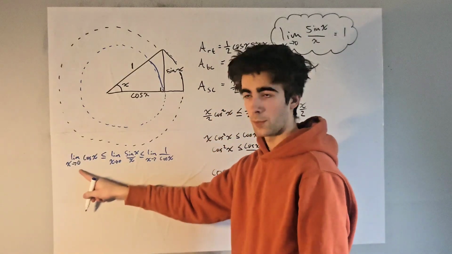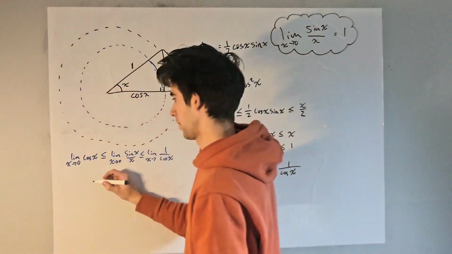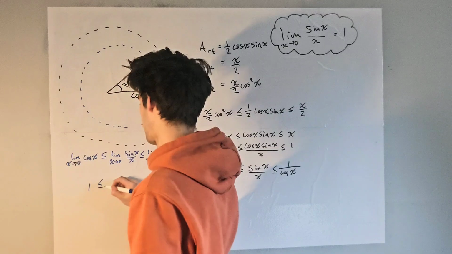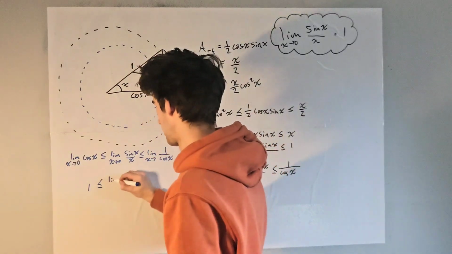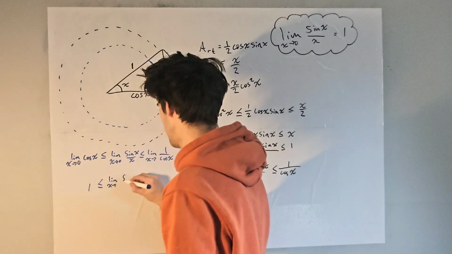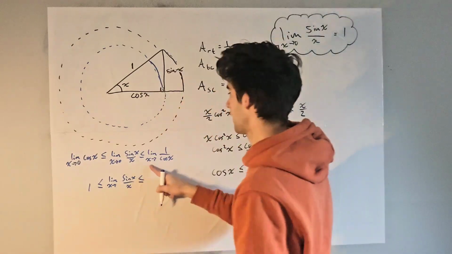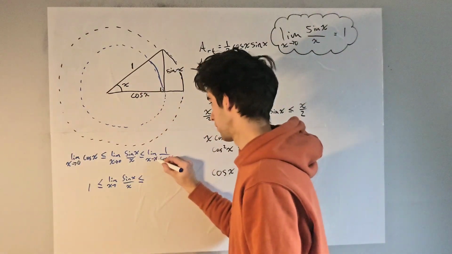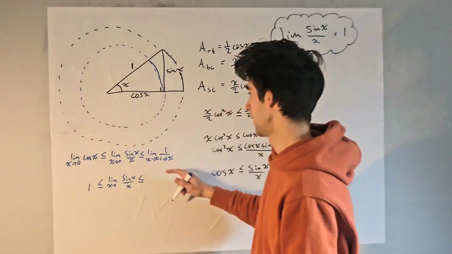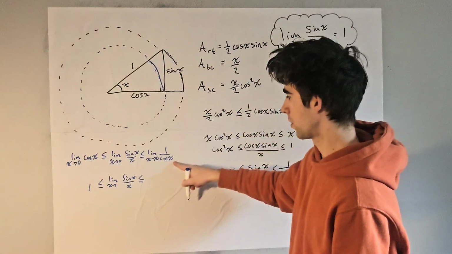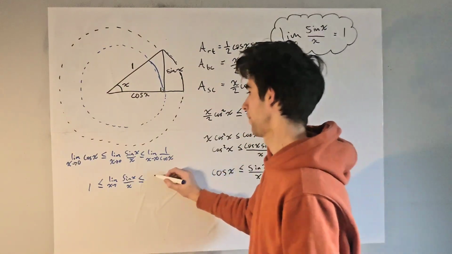This one's not too bad. We plug in 0. We know cos of 0 equals 1 is less than or equal to this limit that we're trying to evaluate. Sine x over x is less than or equal to, and again, if we plug in 0 here, cosine of 0 is just 1, 1 over 1 is 1.